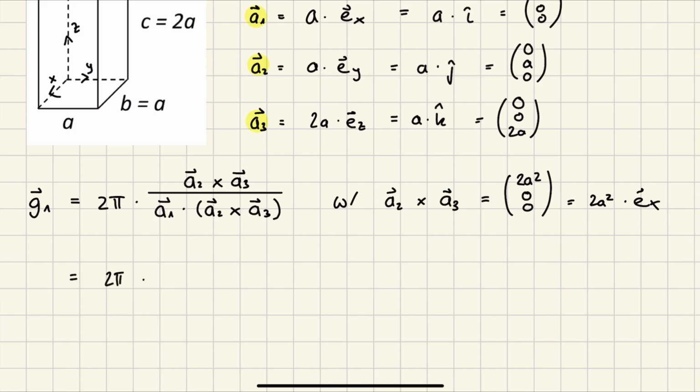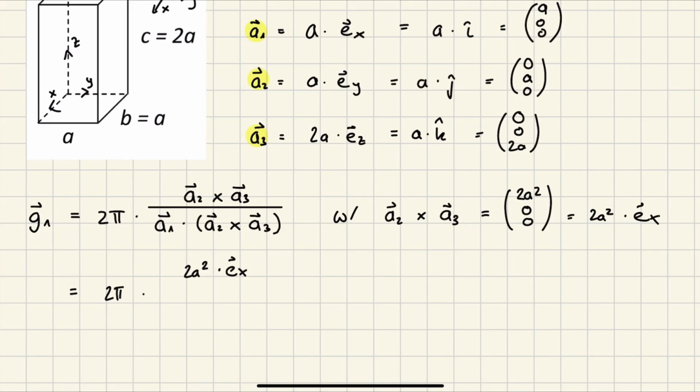We have 2π times this numerator, which is just the result of the cross product, so 2a² times ex, and this denominator is the result of our cross product, 2a² times ex, times a1. Since it's a dot product and the y and z components are 0 anyway, we can just multiply those two, and we get 2a to the third power.